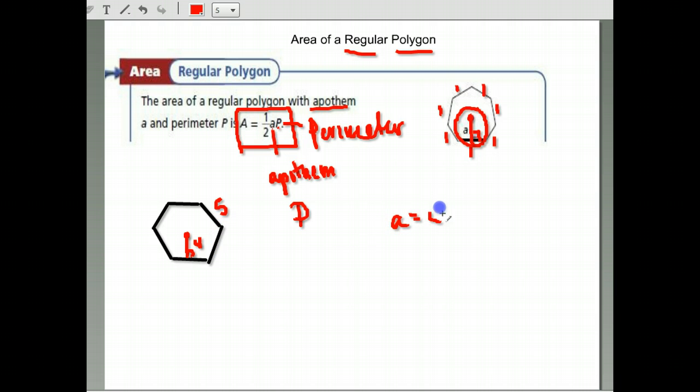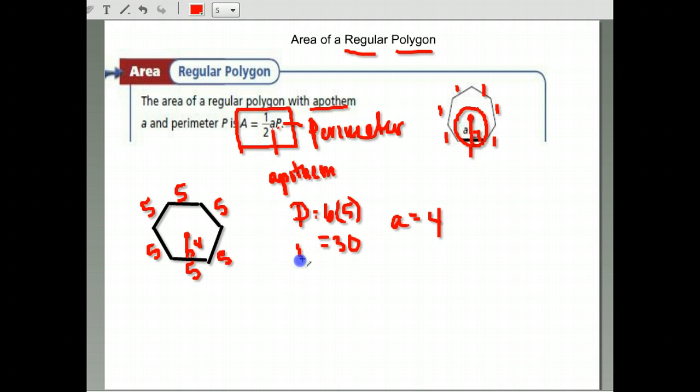The length of the apothem we can see right there is 4. The perimeter of the figure, it has 6 sides, and it's a regular polygon. That means all of the sides are exactly the same length. Okay, so we have 6 sides, length 5. So you can either add 5 together 6 times, or you can go 6 times 5 is 30.